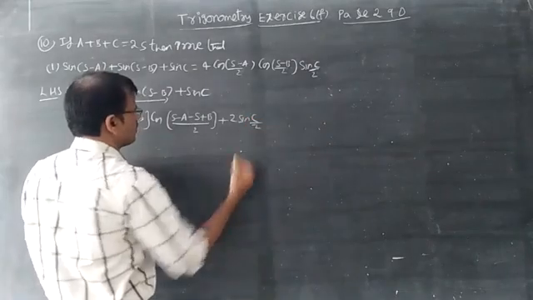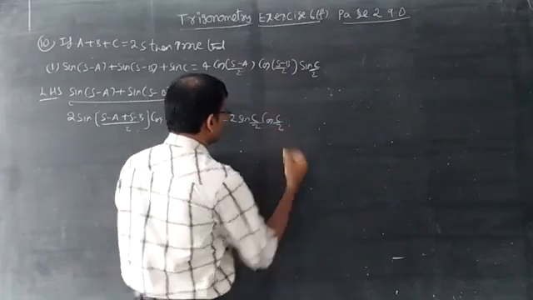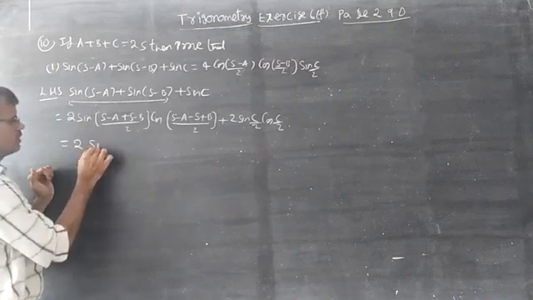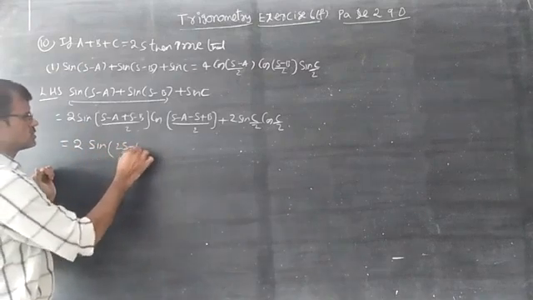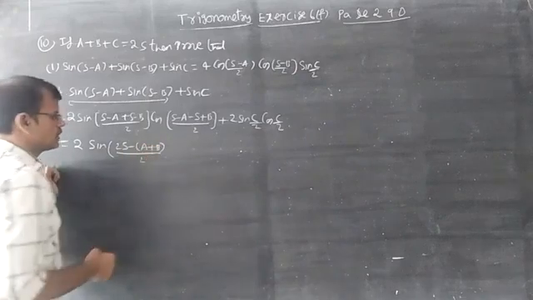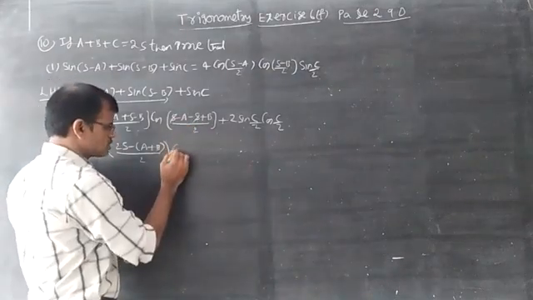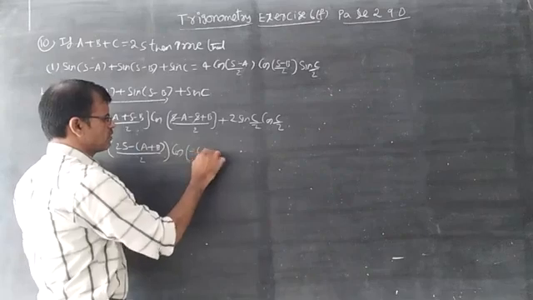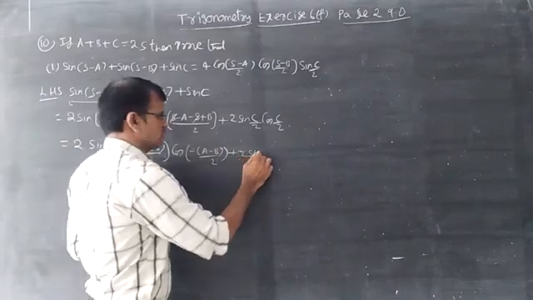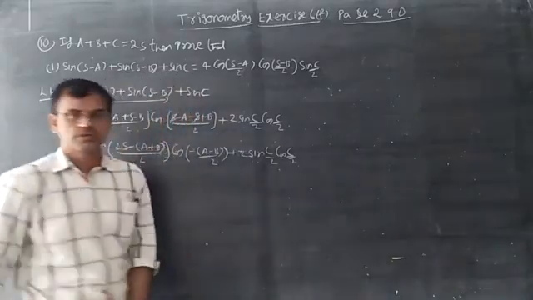So sin c formula is 2 sin c by 2 cos c by 2. That is equal to 2 into sin of, now you can understand this is 2s minus of a plus b total by 2, into here s and s get cancelled, cos of minus taken common within the brackets a minus b by 2, plus 2 sin c by 2 cos c by 2.